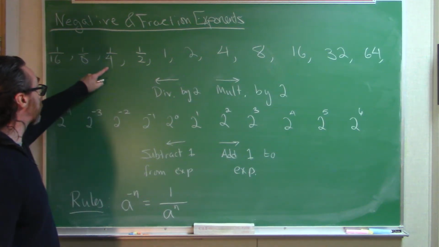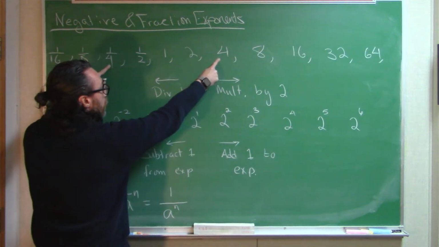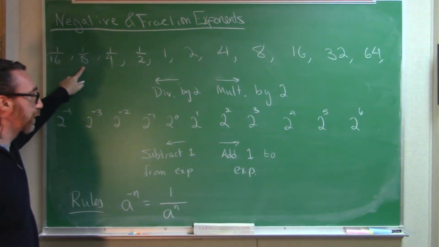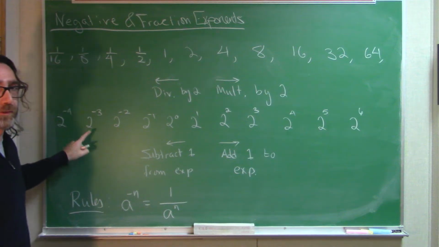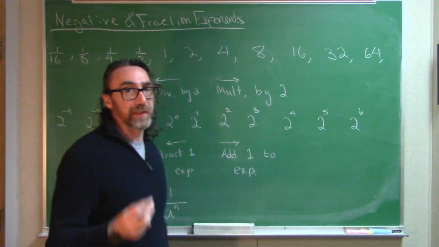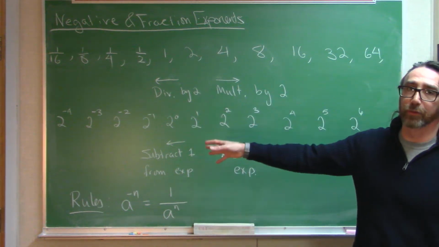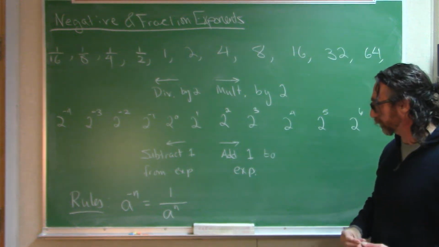Because look here, 2 to the negative 2 is the reciprocal of 2 to the 2. 2 to the negative 3 corresponds to 1/8. That's the reciprocal of 2 to the 3. So there's a way to make sense of negative number exponents, and that is reciprocals. Negative exponents give you reciprocals.